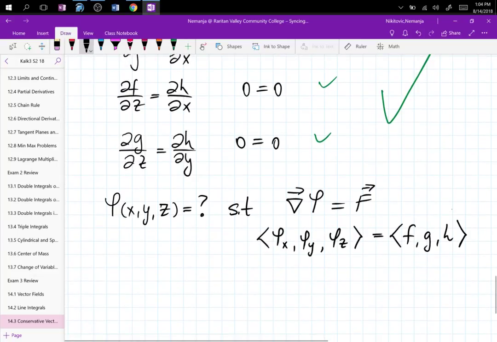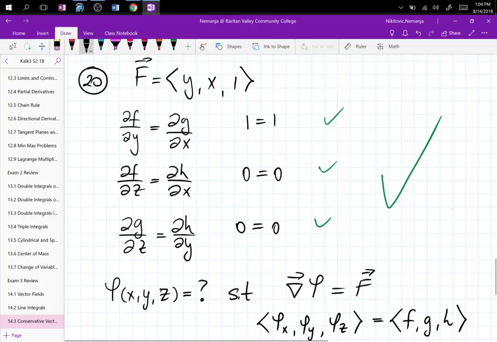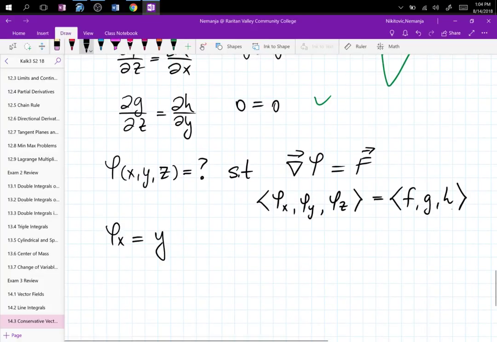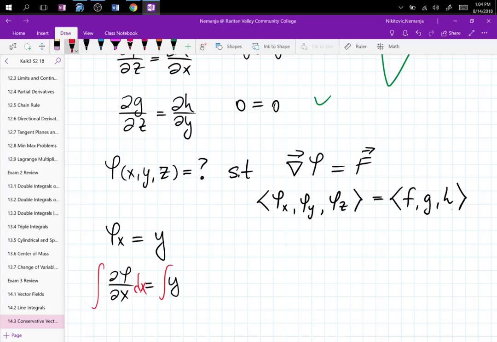Great. So partial x, you can start with any one you want. Well, let's start with x. So partial x is equal to y. This is a partial differential equation. We have partial phi over partial x is equal to y. We are going to integrate with respect to x on both sides.